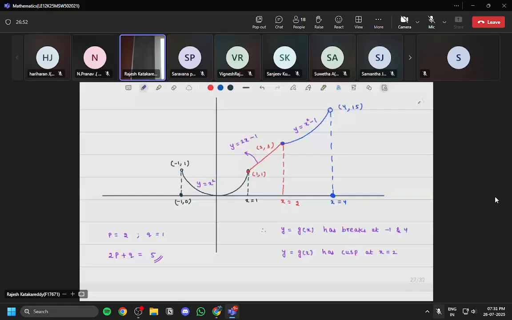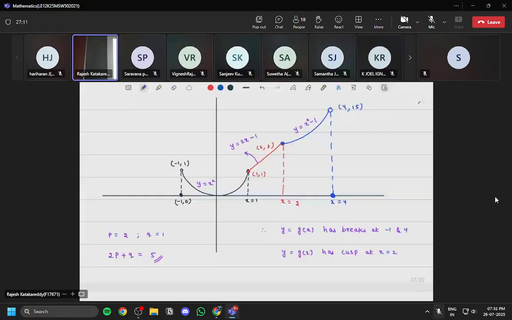First of all, f dash x is limit h approaches 0, f of x plus h minus f of x divided by h. Then we replace y by x, f of x plus h minus f of x less than or equal to modulus x plus h, and divide by h and take limit h approaches 0.